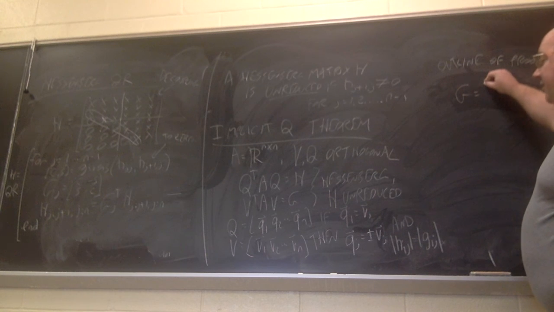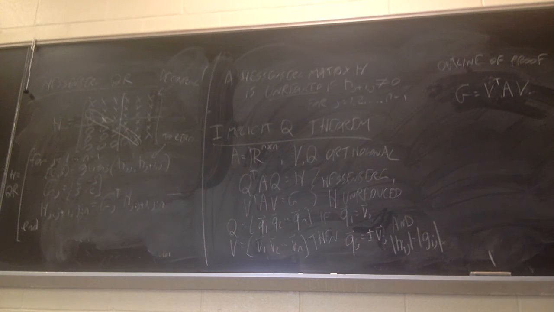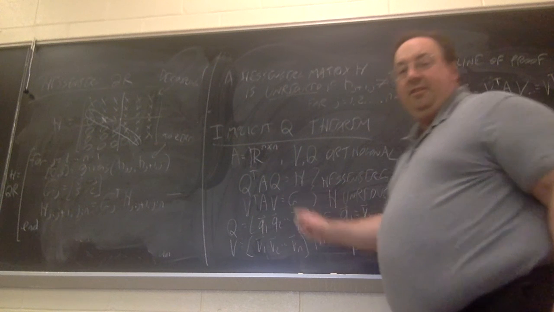So G, which is V transpose AV, I could substitute for A, from the other decomposition, is QH Q transpose, just by rearranging this.